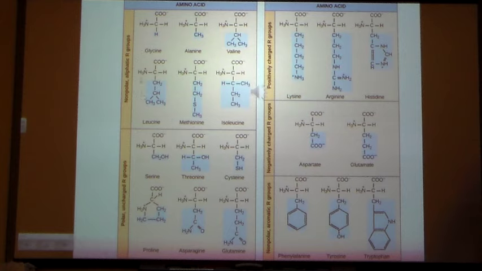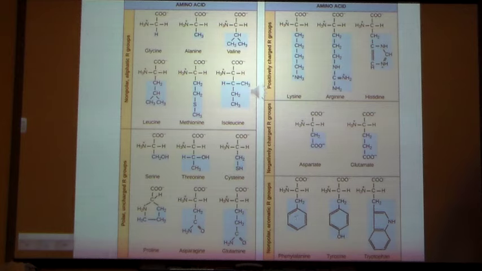Simple ones like these, the non-polar ones, you put in H or CH3. And then you can put in positively charged ones. You can see here lysine, arginine, histidine, which have a positive charge. These are negatively charged ones, aspartate, glutamate, which contain an extra negative charge. These are hydrophobic ones called aromatic, non-polar aromatic ones.